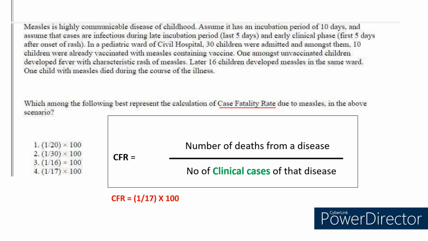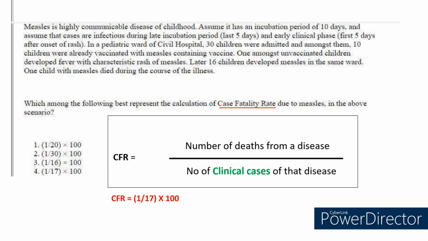Now see what the total number of deaths due to measles is in this case. It's given that one child with measles died during the course of the illness. So the numerator will be 1. Upon what? The total number of cases of the disease. So 30 were admitted and out of them 10 were vaccinated, so there are only 20 people who are at risk.